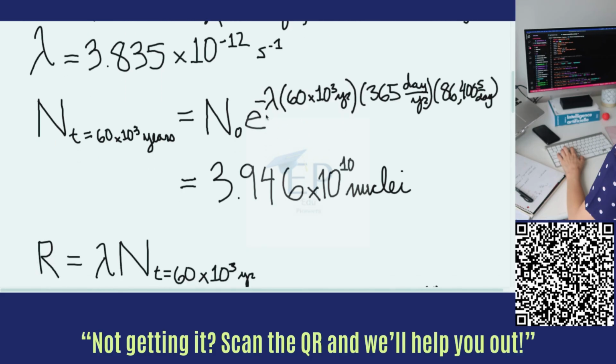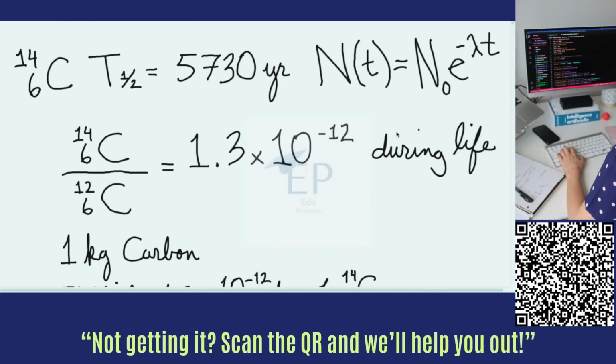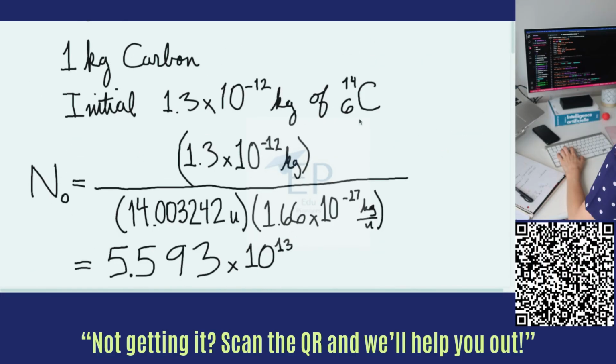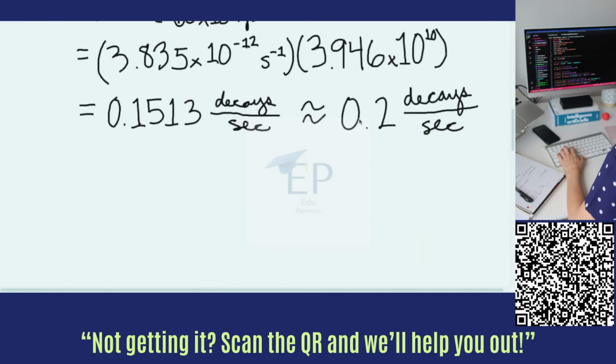Now, in order to find the amount of carbon-14 left after it's been decaying over many years, 60,000 years to be exact, we plug in 60,000 years in terms of seconds in our decay equation above.